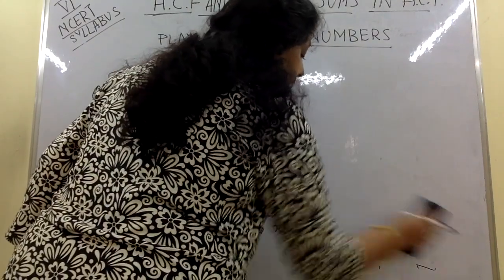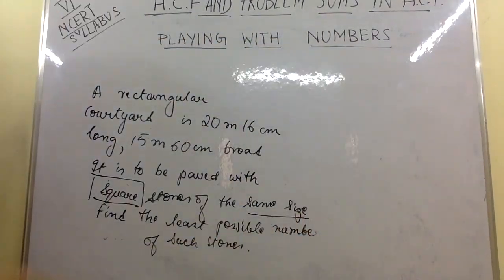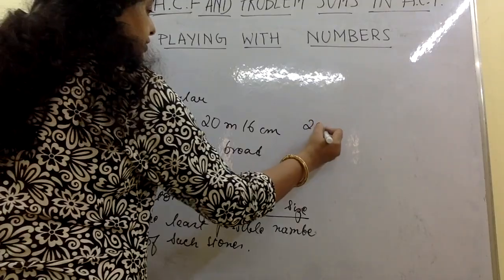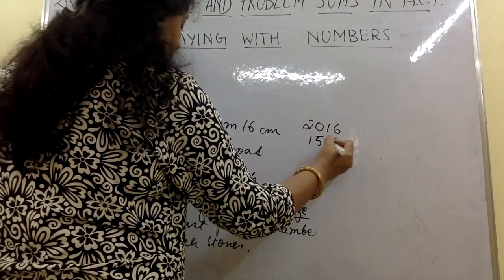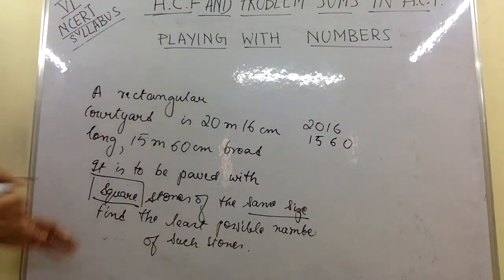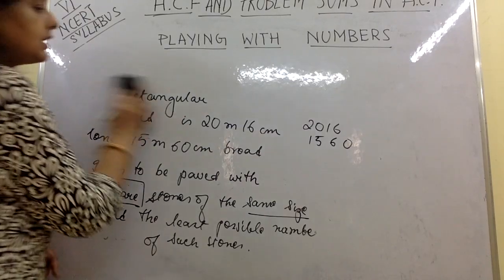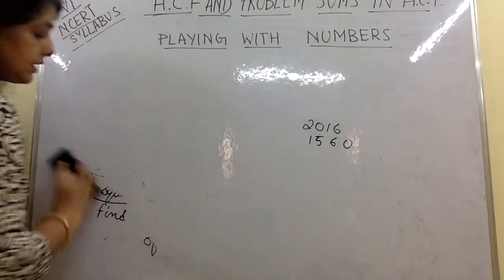So exactly that I am going to do now. Here the dimensions are 2016 and 1560. These are my two dimensions. Now I'll do the division and let me see how many squares I get.